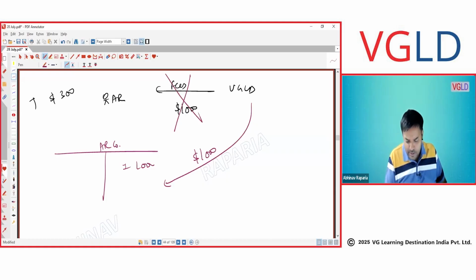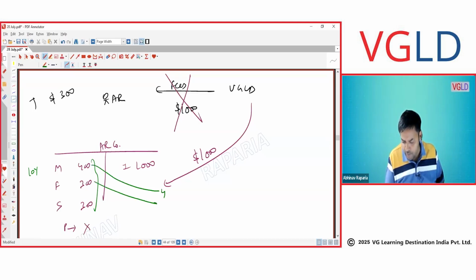But then I'll show salary to my mother, my father, my sister, right? So 400, 300, 300, so that no profit is left. And obviously they are going to pay tax on this, but maybe they are in a lower range of tax. Maybe 40% here, 40 here, 30 here, 30 here.